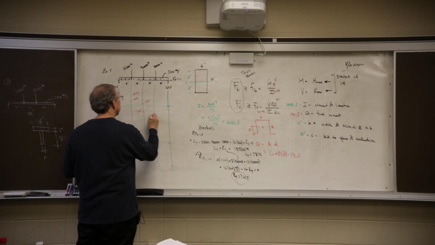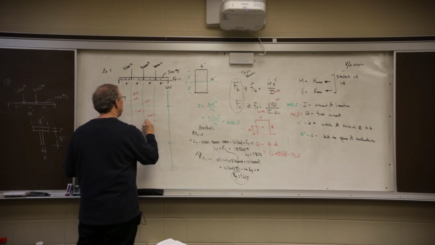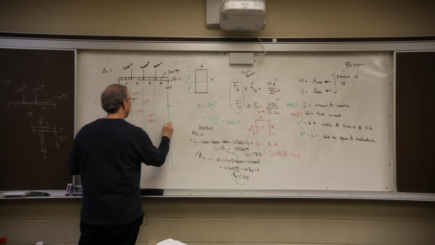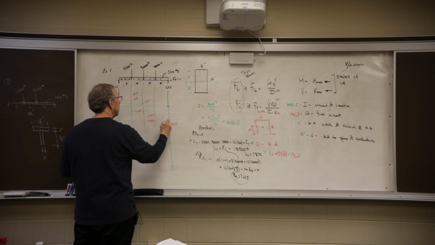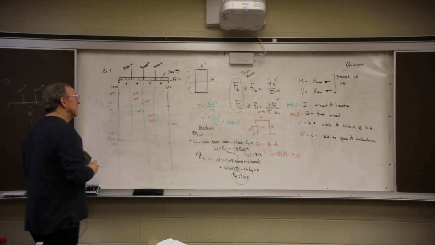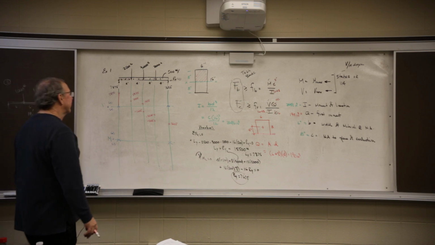Drop 2,000 more. Drop 2,000 more. Drop 2,000 more. Go back up. And if I did it right, I should be back to zero. Connect the dots.